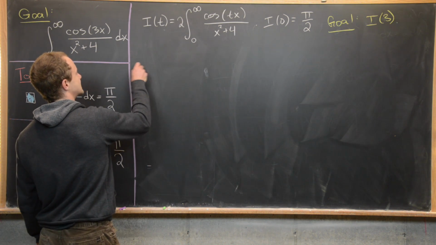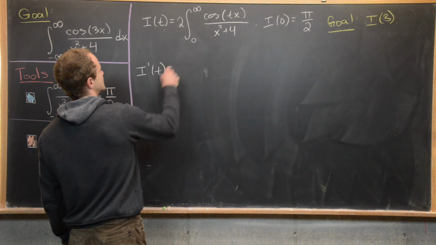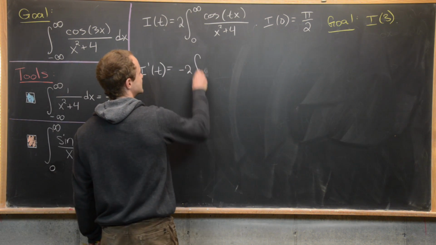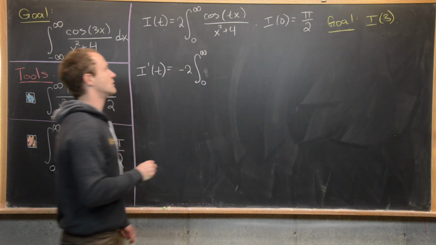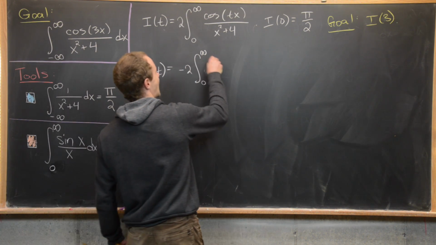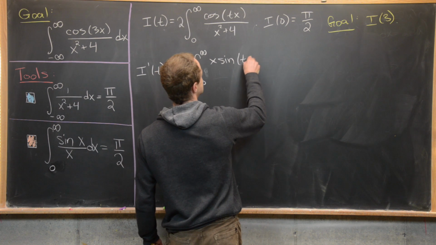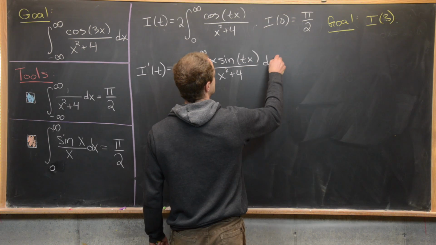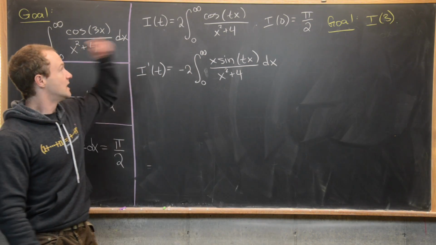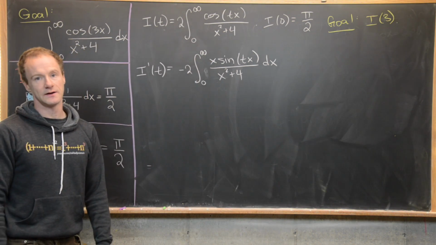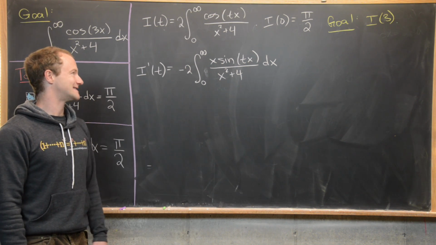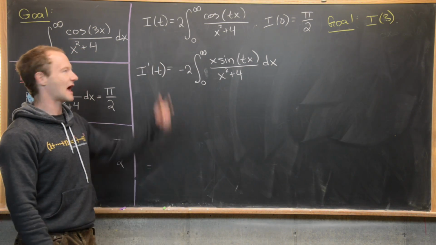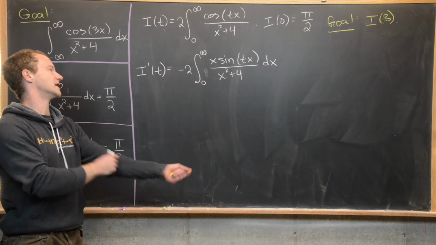Now what I'll do is take this derivative, so I prime, the derivative with respect to t, which is going to be equal to minus 2 times the integral from 0 to infinity of x times sine of tx over x squared plus 4 dx. The derivative of cosine is negative sine, but we're taking the derivative with respect to t, so that's why that x popped out, and then we had the minus sign because of the derivative of cosine.